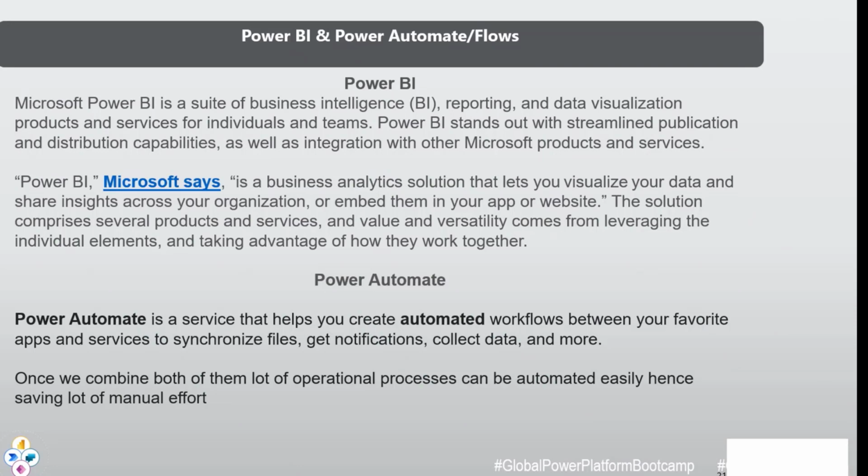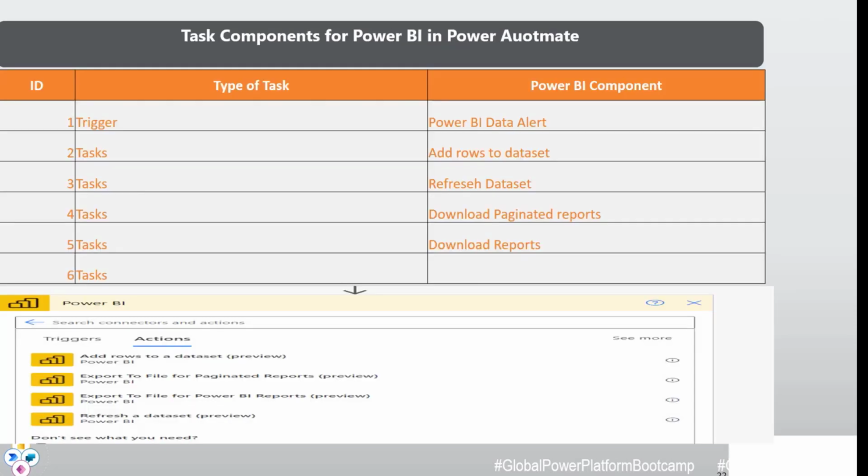So what does Power Automate mean? It's a service that helps you get automated workflows between your favorite apps and services to synchronize files, get notifications, collect data, and a lot more than that. If you just take the example of Power BI, it only has one trigger point and 4 tasks that can be done.